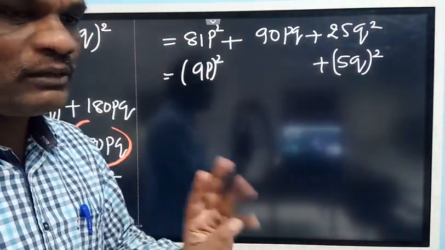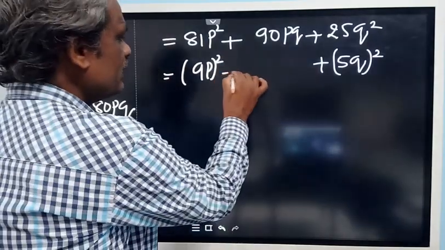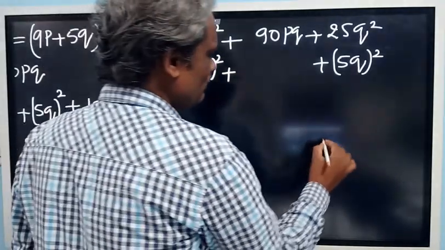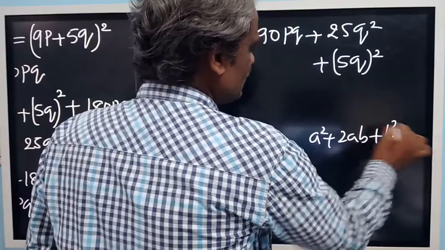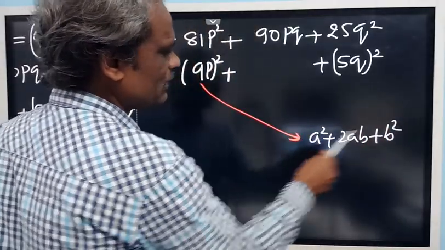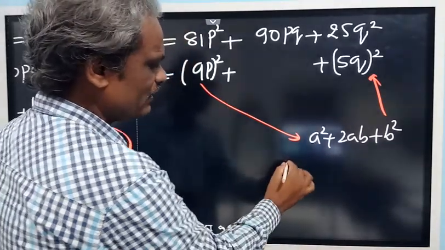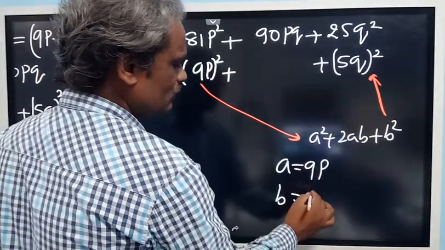So in the formula you will be having a square plus 2ab plus b square. Here the middle term plus 2ab. How to write that 2ab? So it should be in the form of, look at this, a square plus 2ab plus b square. So we got this one, a square. We got this b square. From this you identify what is the value of a. A is equal to 9p. B is equal to 5q. Okay.